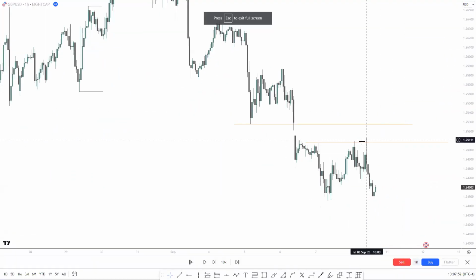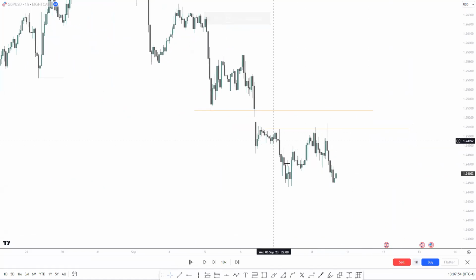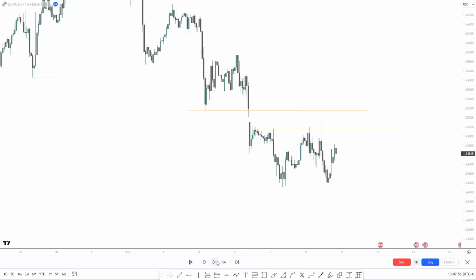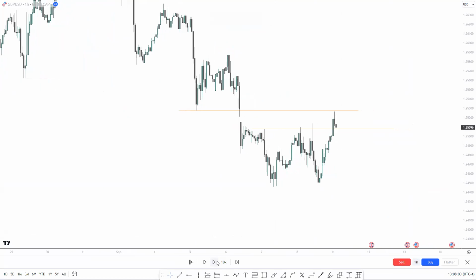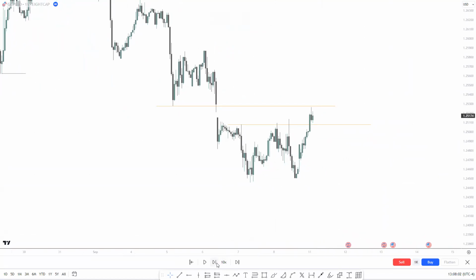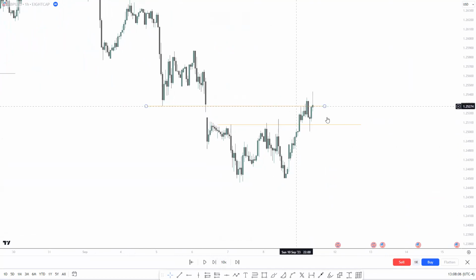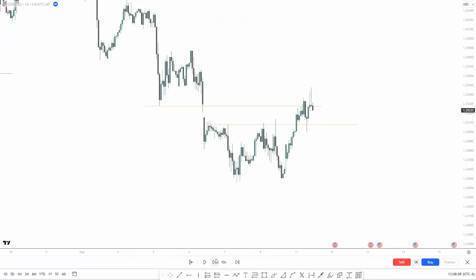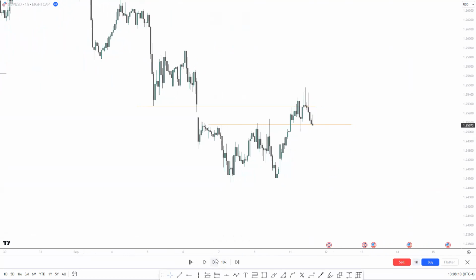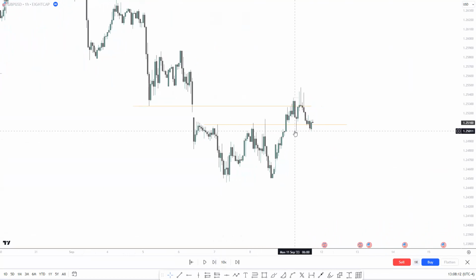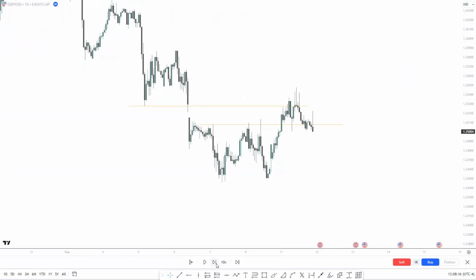Price already tapped that internal range liquidity and made a market structure shift, but we still see a failure. So that's why I look for an intermediate term high. Now let's see if an intermediate term high forms. Okay, market structure shift, still no intermediate term high formed. Now we get a market structure shift again. Okay, it's not yet.